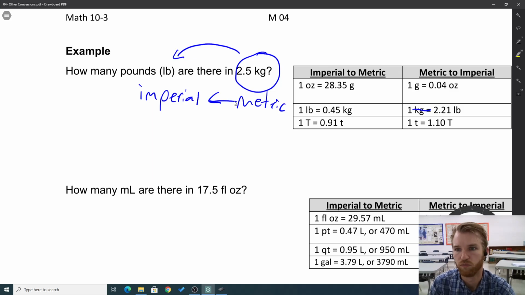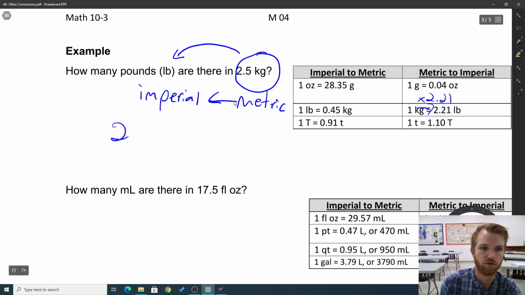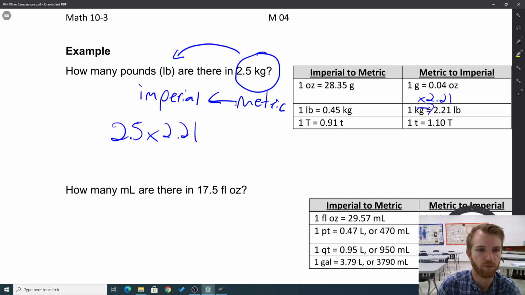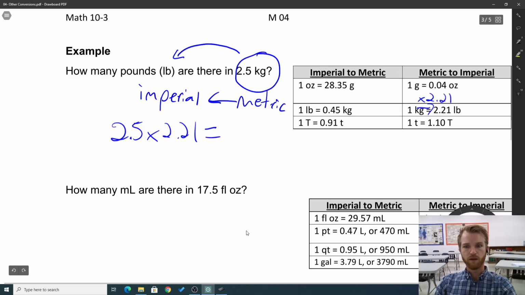To get from 1 kilogram to 2.21, we're just multiplying by 2.21. So 2.5 kilograms times 2.21 pounds in a kilogram gives our final answer.